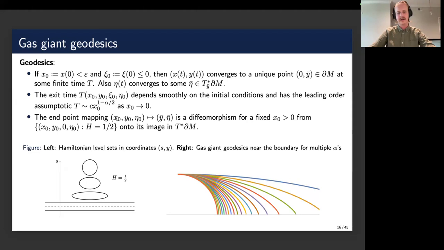But nonetheless, you can get a diffeomorphism condition from here to one of these and back. So the flow is still well defined essentially.